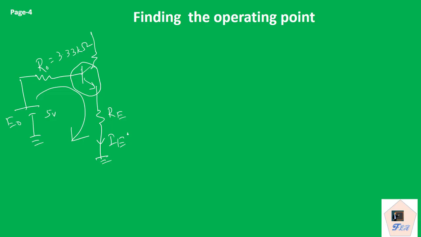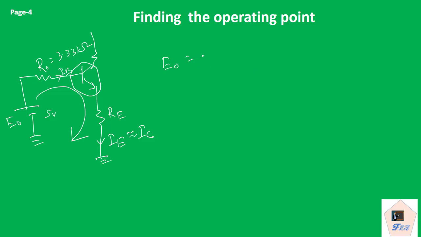So emitter current we have considered as equivalent to the collector current. If we apply now KVL over here, we can write E naught is equal to, this is the current IB, so this is current IB we are considering.